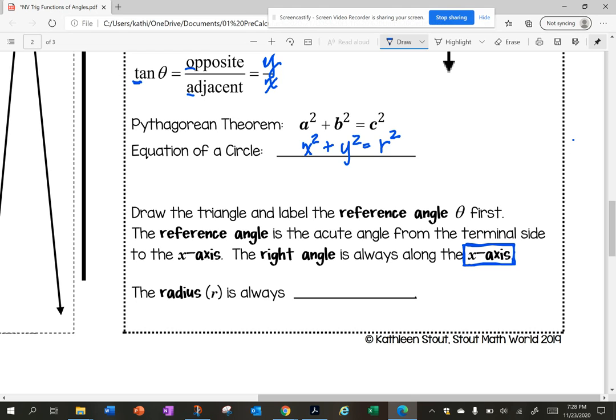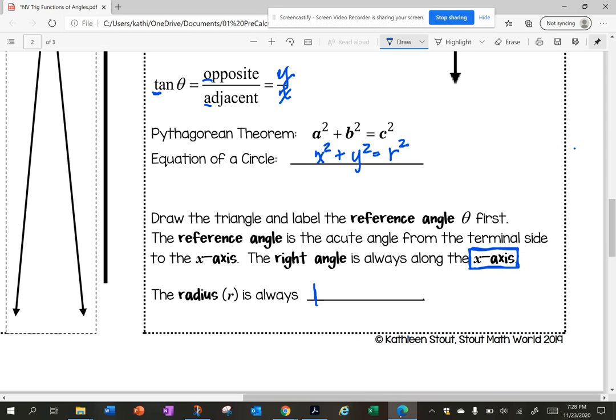A radius of a circle is always positive, so x and y can be positive and negative, meaning the legs can be positive or negative, but the radius is always positive.